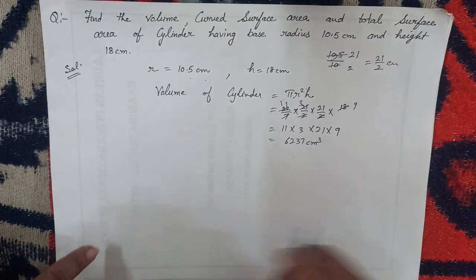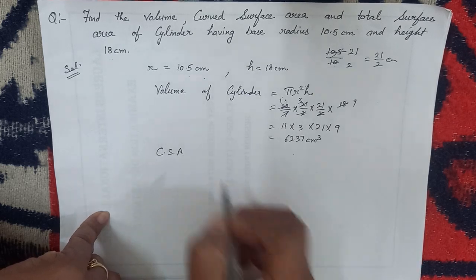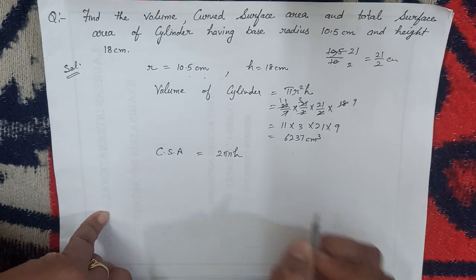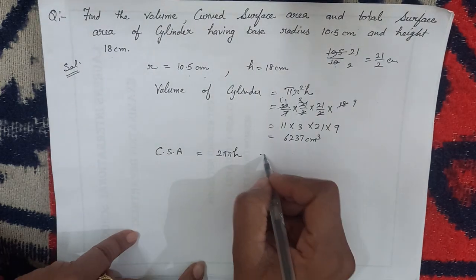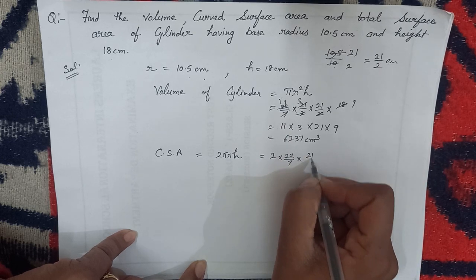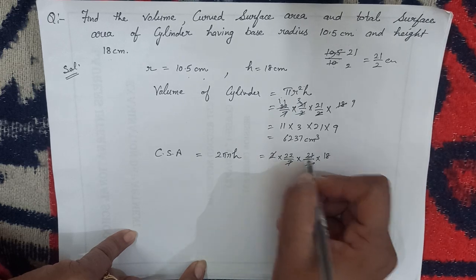Okay. Now let's talk about the curved surface area. I will write it shortly as CSA. CSA can be found by using the formula 2 pi r h. Now we fill the values: 22 by 7, r is 21 by 2 and height is 18. 2 will cut to 7 threes are.